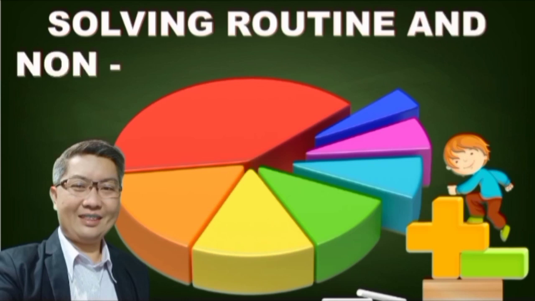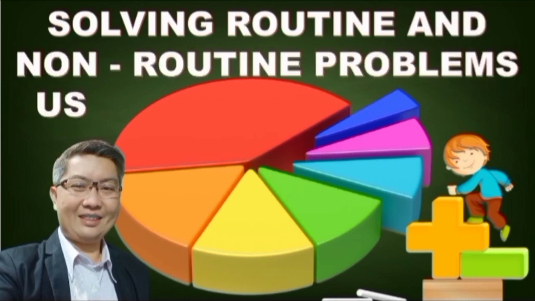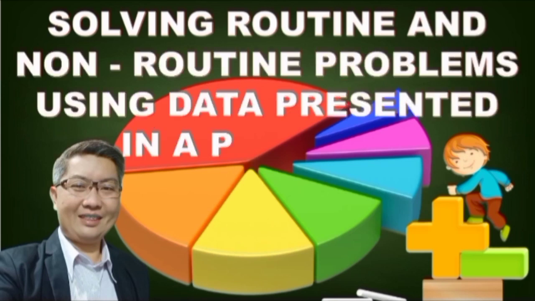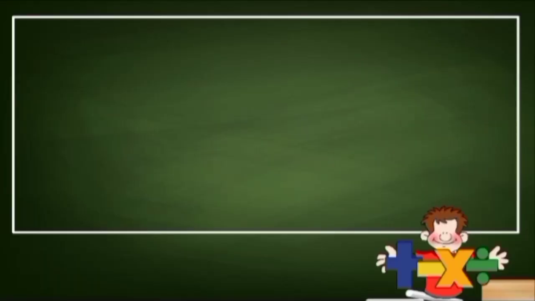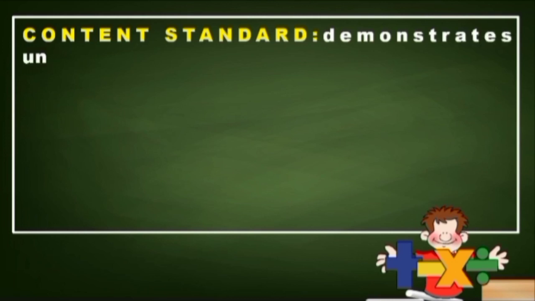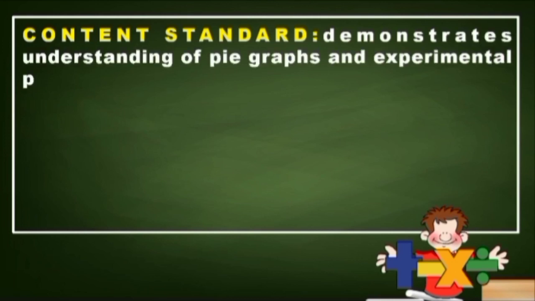Today we are going to talk about solving routine and non-routine problems using data presented in a pie graph. Let us first talk about the following objectives. Content standard: demonstrates understanding of pie graphs and experimental probability.